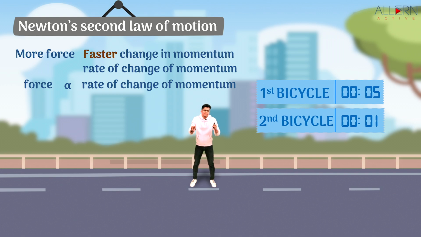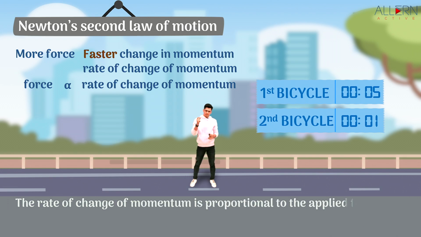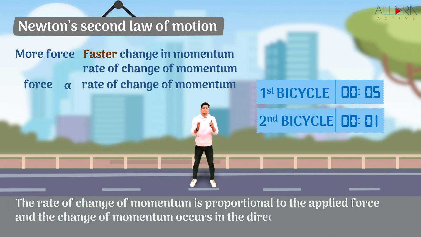Now, if you read the statement of the second law of motion, it is nothing but: the rate of change of momentum is proportional to the applied force, and the change of momentum occurs in the direction of the force, which means that in the direction that we apply force, obviously the change of momentum is also going to be in the same direction.